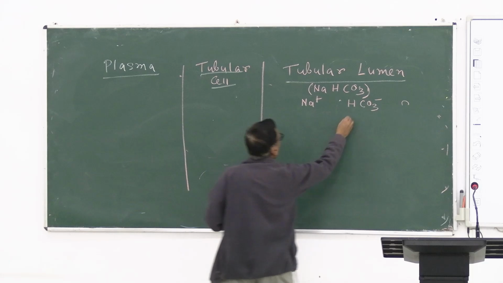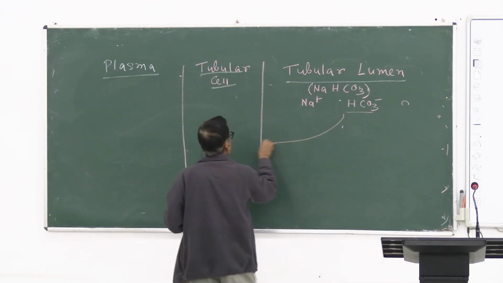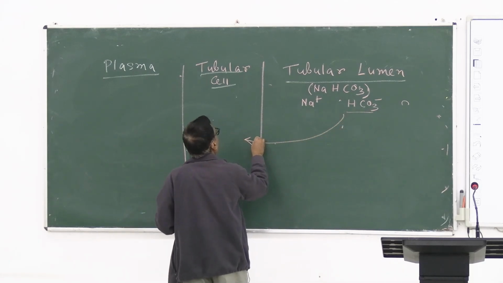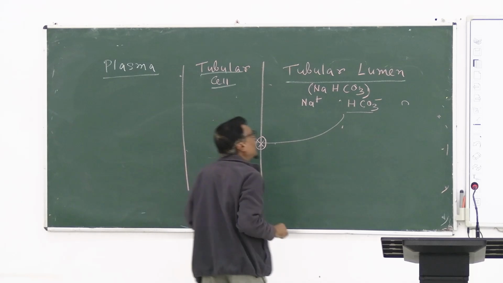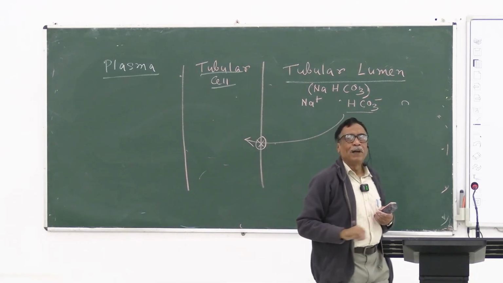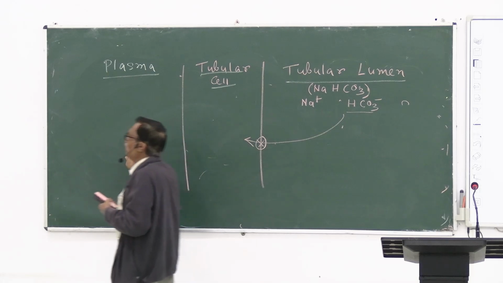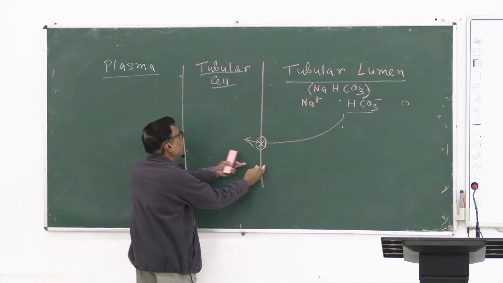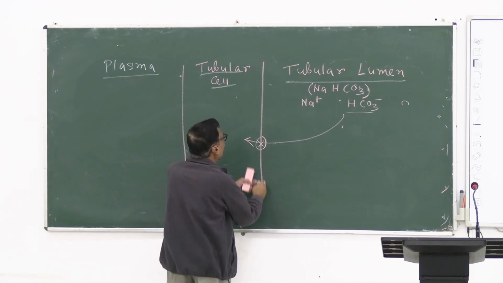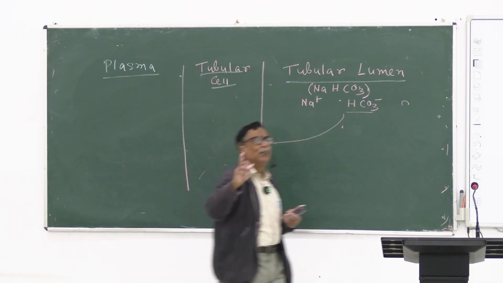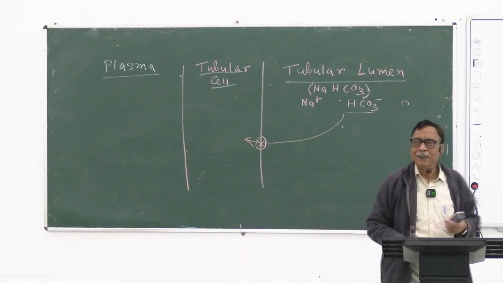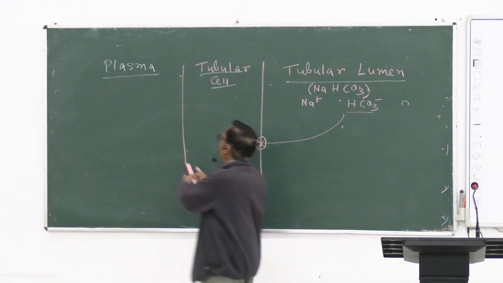This bicarbonate is impermeable to this membrane. So bicarbonate first will come to cell, then to plasma, but it is impermeable this membrane. This border is known as brush border or luminal border, and this border is called basolateral border.